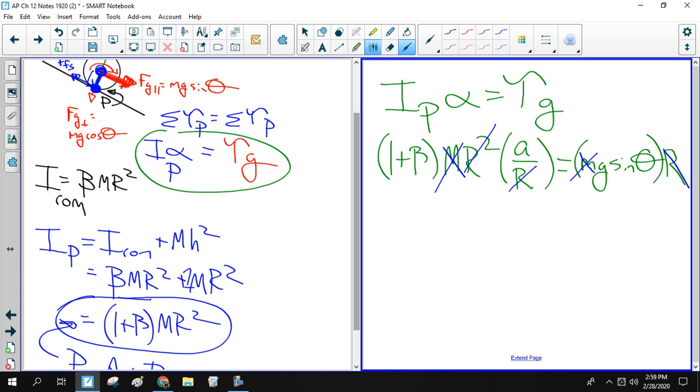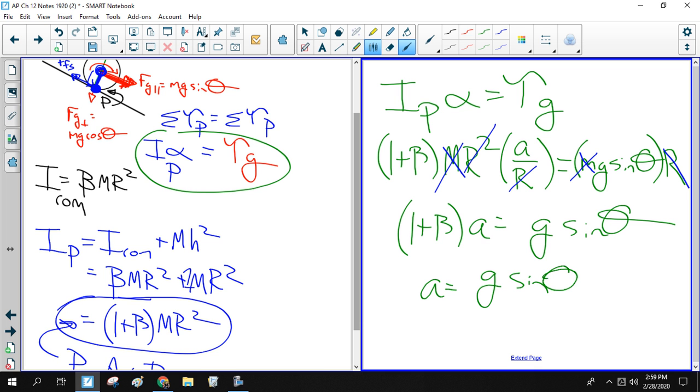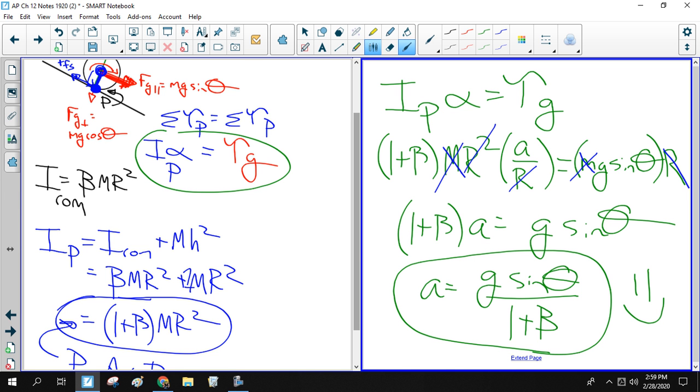And so we've got 1 plus beta times a equals g sine theta, or a equals g sine theta over 1 plus beta. Same answer we had before, which is super cool.